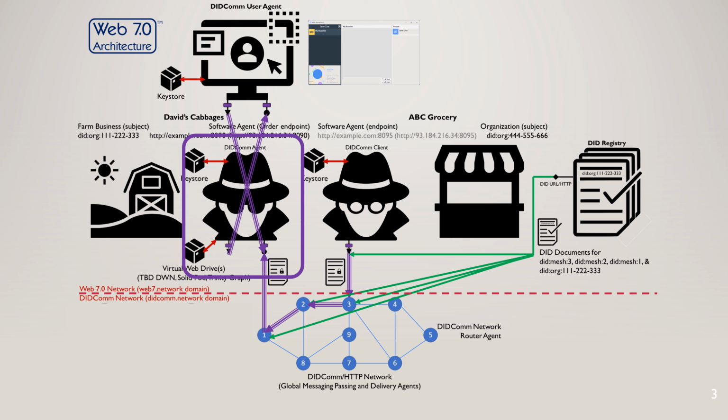And we have what I call some internet services. So those are services, basically anything that doesn't use DIDComm, and so the DID registry is an internet service, and in the more detailed model, we'll actually front end that with a DIDComm gateway.